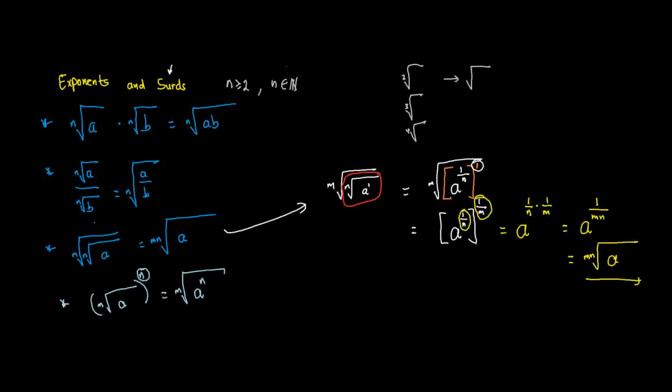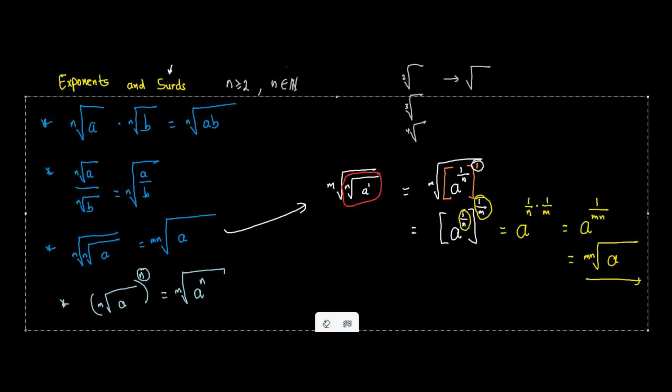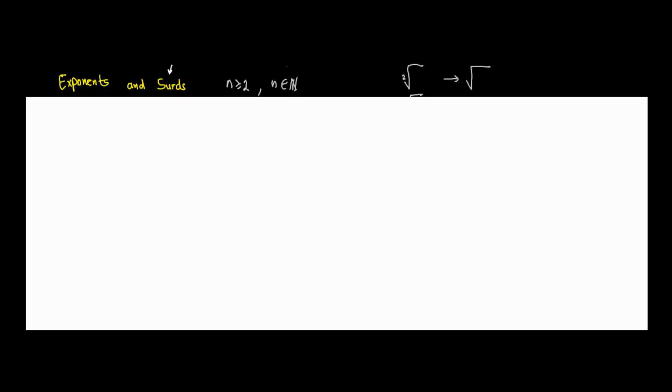Now, we're going to use everything that I just recapped, all the laws of exponents and surds that we looked at, and apply it to different examples. So before we continue, how are we going to approach this? I'm going to write the question. I recommend that you press pause on the video and attempt it yourself, and thereafter we can mark it together, because that's the best way to learn math.